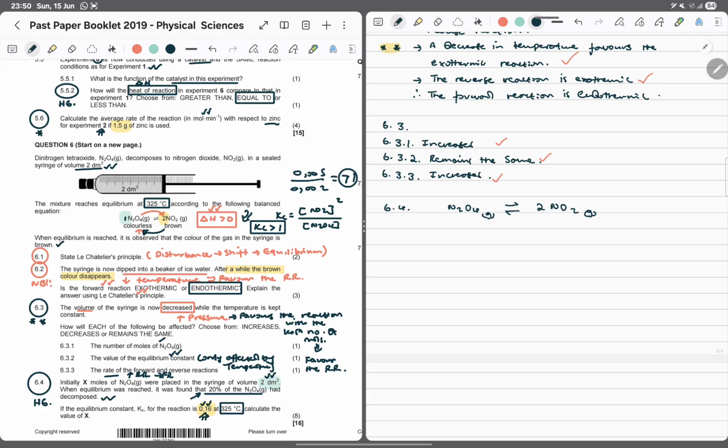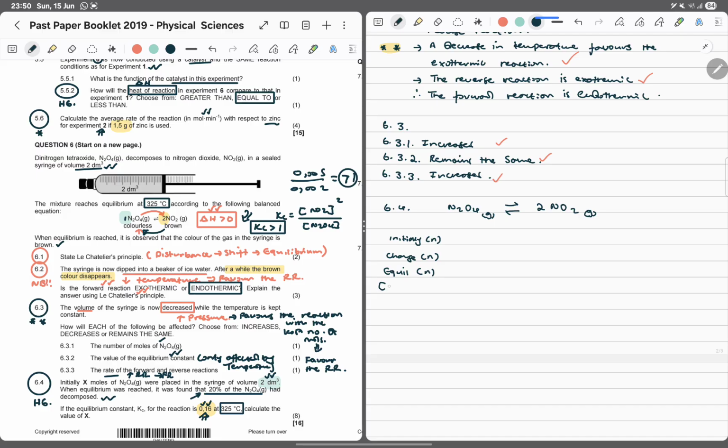Anyway, folks, let's leave the arguments and solve the problem. We will know that initially, number of moles, change in number of moles, equilibrium number of moles.